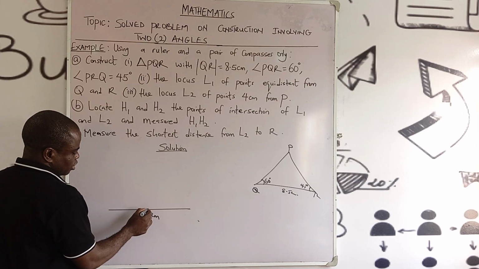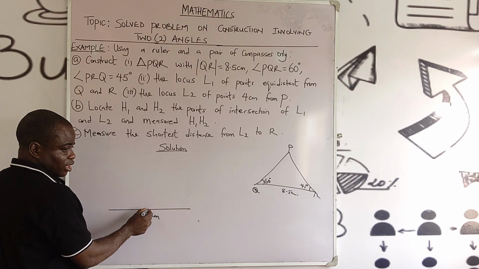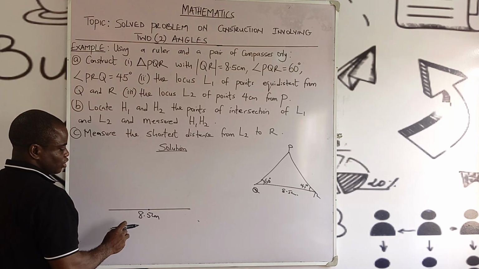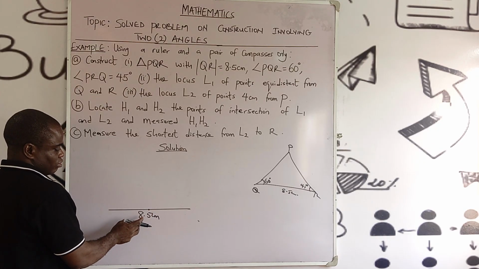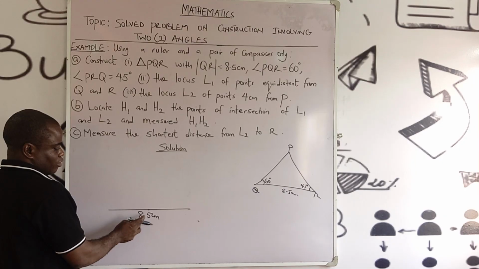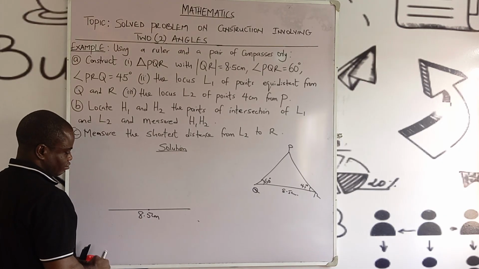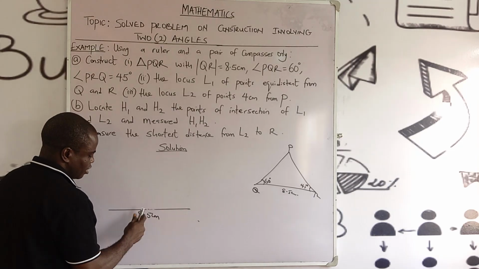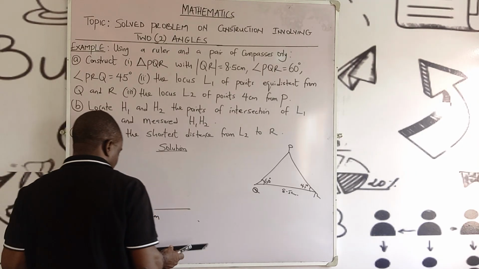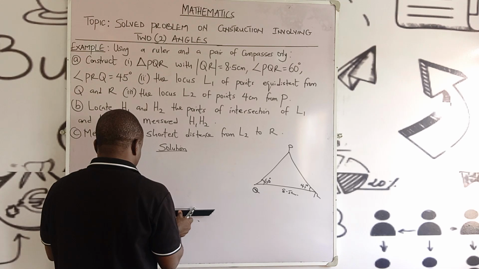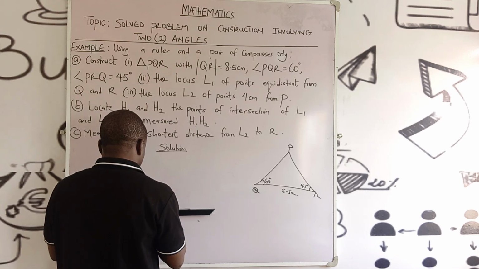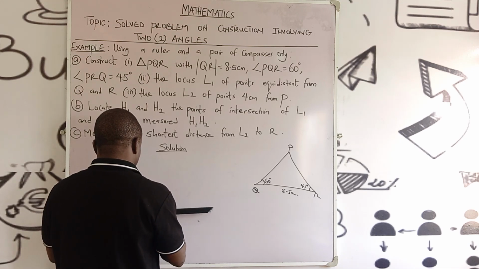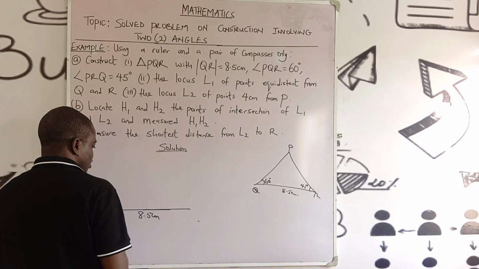You now put it at any point. After you have measured 8.5, don't put decimal here. Let's assume this is a straight line.